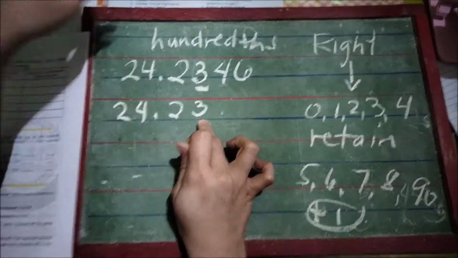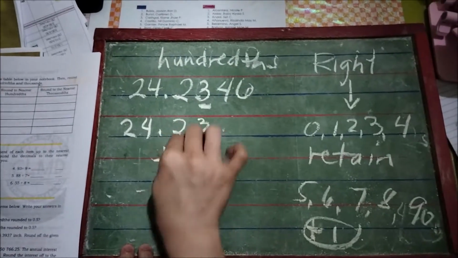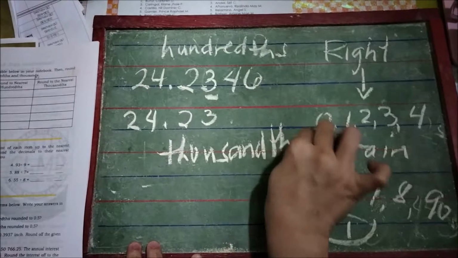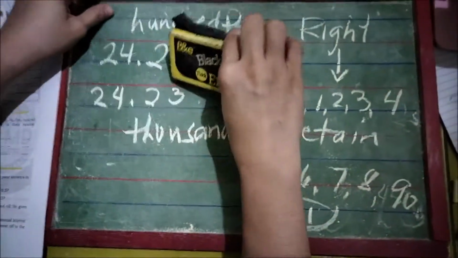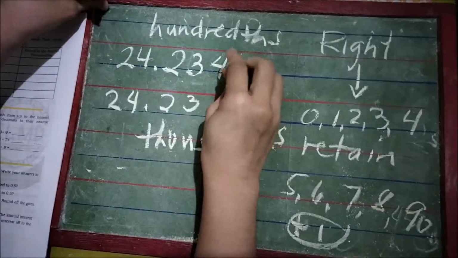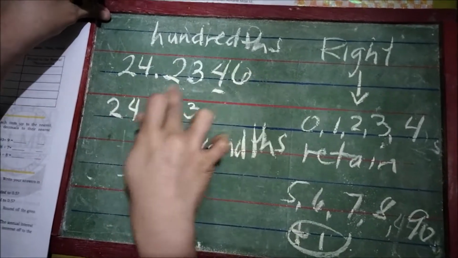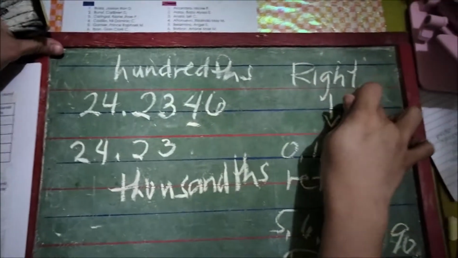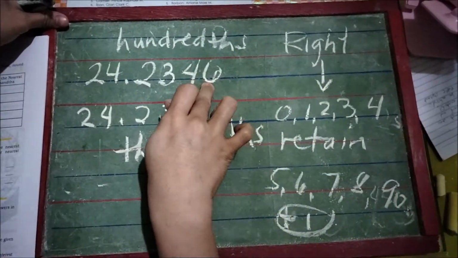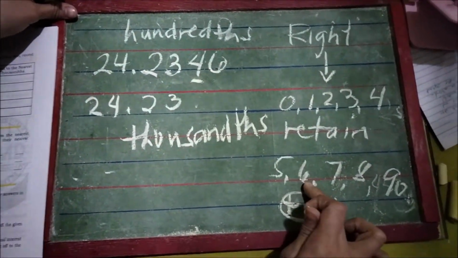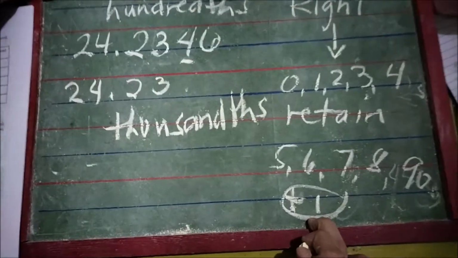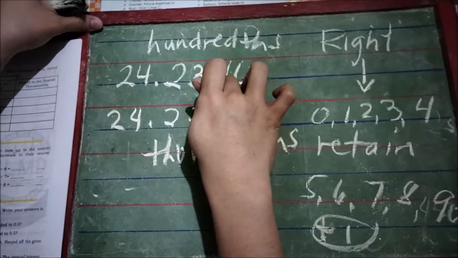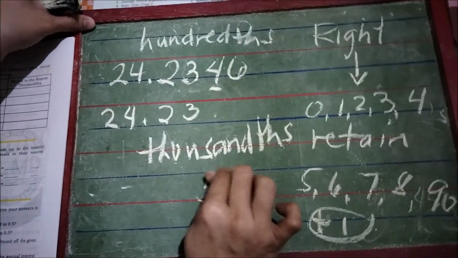Now if I want to round it off to the nearest thousandths, what number is in the nearest thousandths? That number is 4: tenths, hundredths, thousandths. Look at the number on the right. The number on the right is 6. Following our rule, we add 1 to the number to be rounded off, so 4 will become 5.